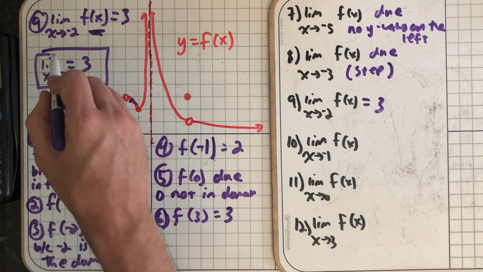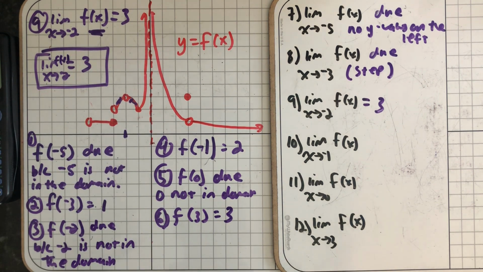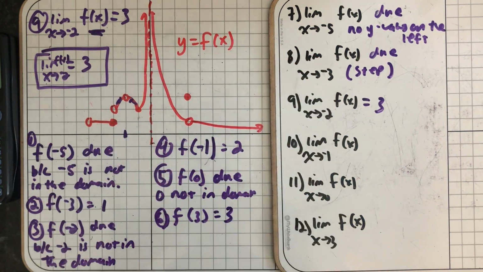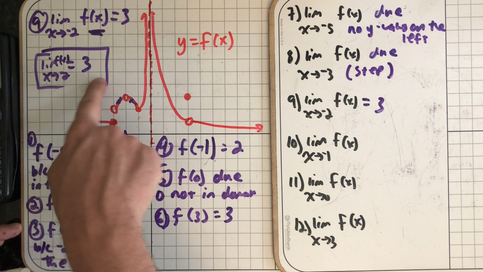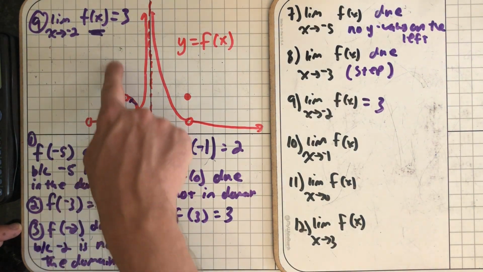Every time you write down a limit statement, you have to write a function in there. Whether it be written out as an expression or just a placeholder, its name f of x, you have to include it. If you don't use correct notation when you're writing out your lab problems or test problems, I will take off points. So never leave out the function when you're writing down a limit.